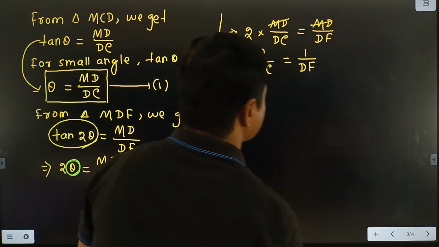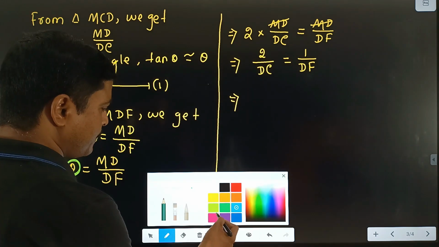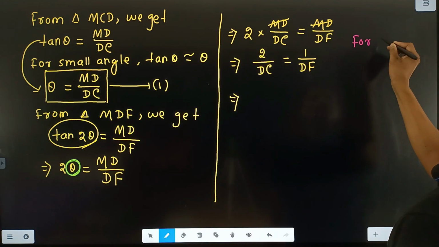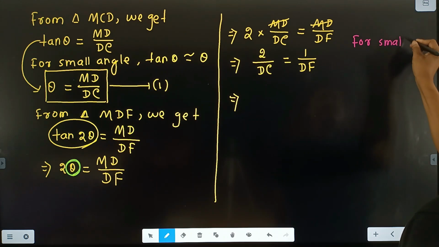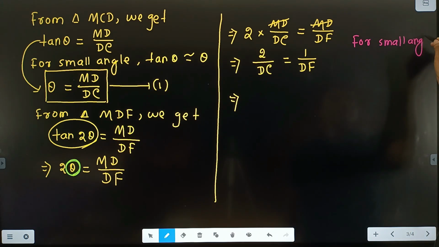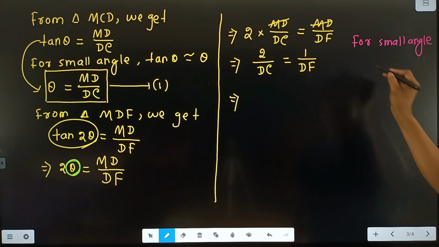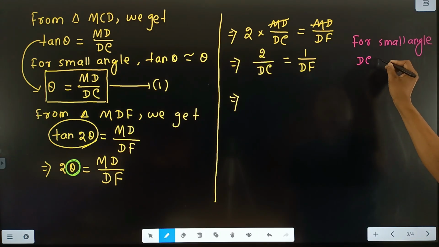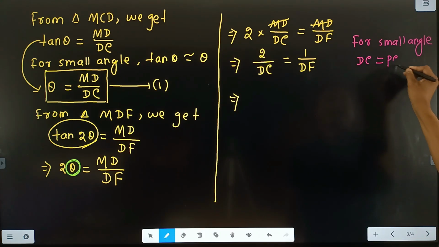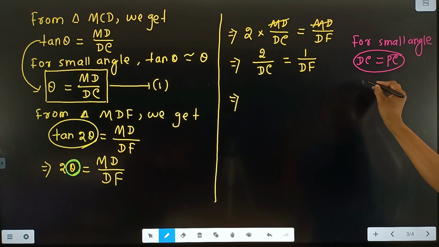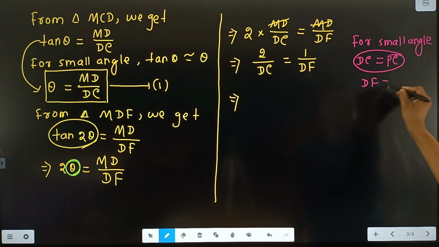For small angle, in place of D we write P. So DC becomes PC. Similarly, in place of DF we write PF.